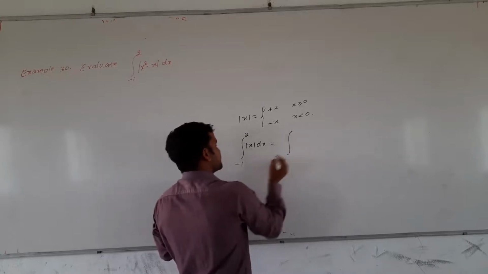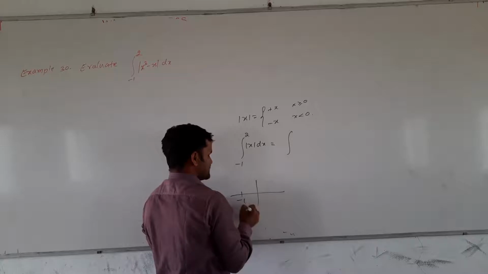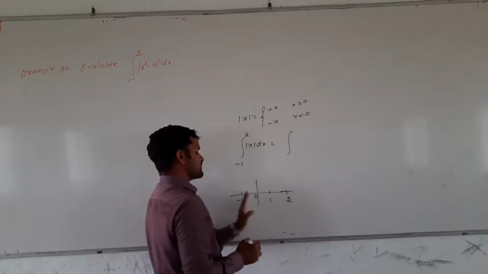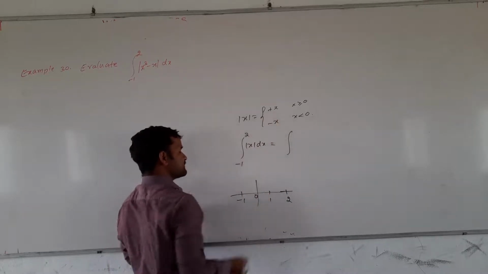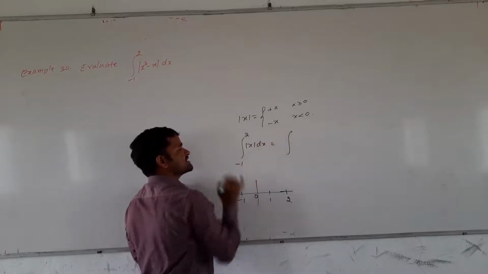See, it is minus 1 to 2. On a number line, it is minus 1, here 1, here 2, and 0. From 0 to the right-hand side, the function is different, that is plus x. From 0 to the left-hand side, the function is different, that is minus x.